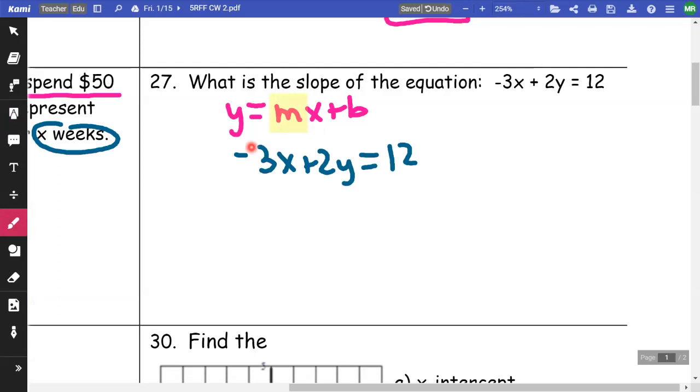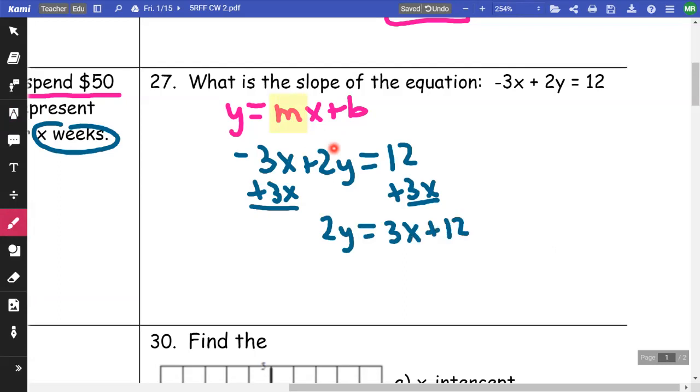Okay, so my goal is to get this 2y by itself to start with. So I am going to add 3x here, I'm going to add 3x here, and I'm going to get 2y is equal to 3x plus 12. Or you can write it as 12 plus 3x. I just thought I'd put my x first.